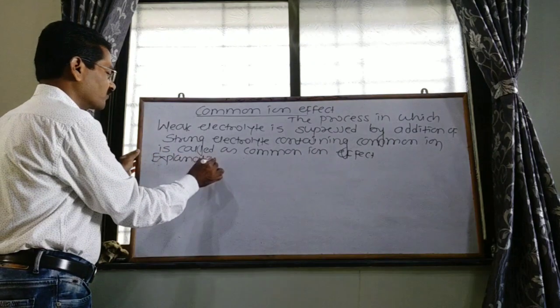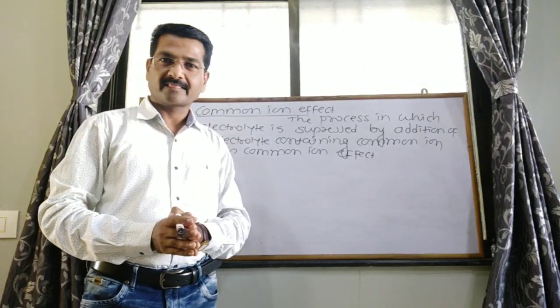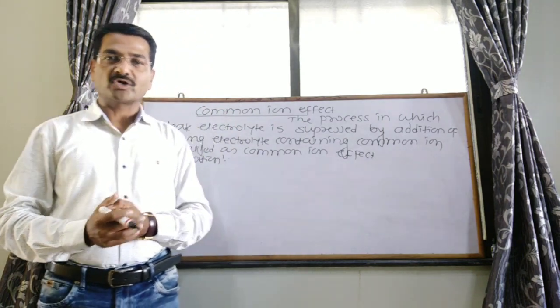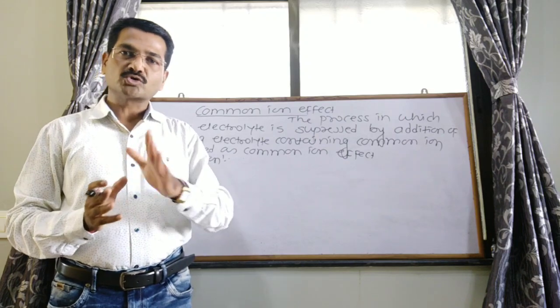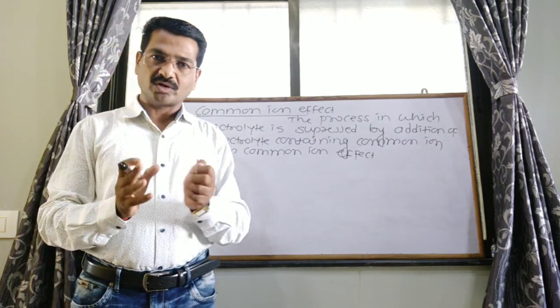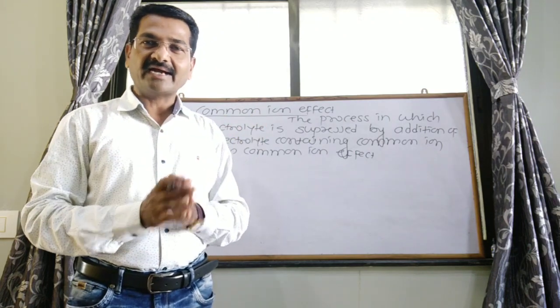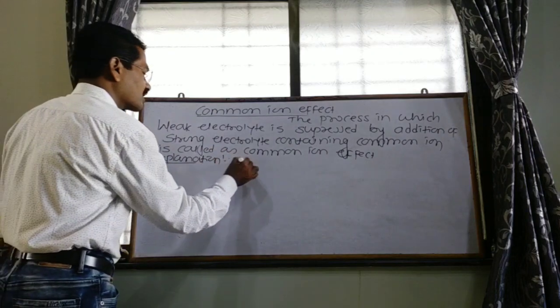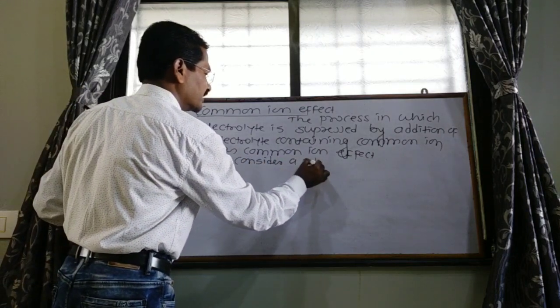For the explanation of the common ion effect, we require a solution. Consider a solution containing the weak electrolyte acetic acid and the strong electrolyte sodium acetate.